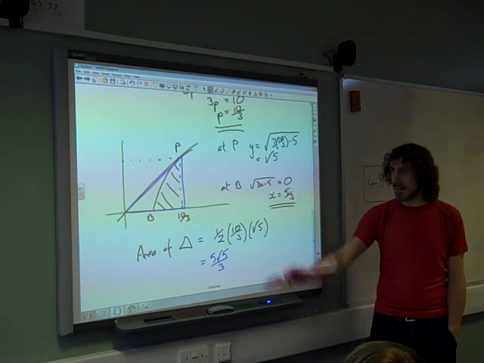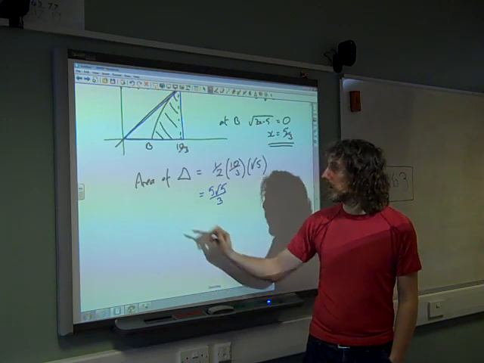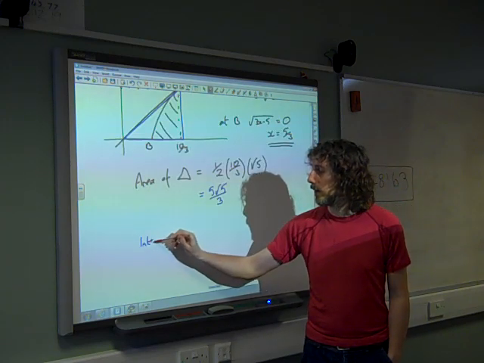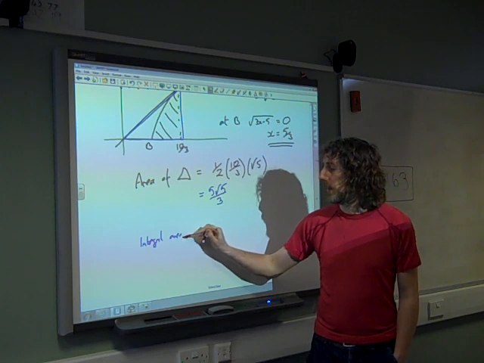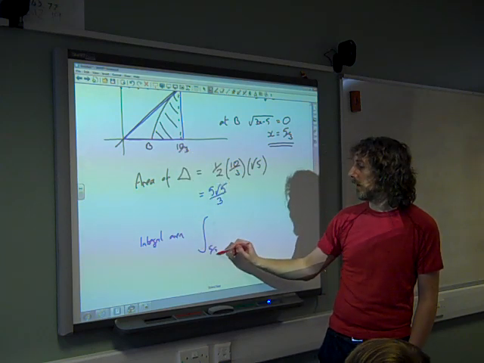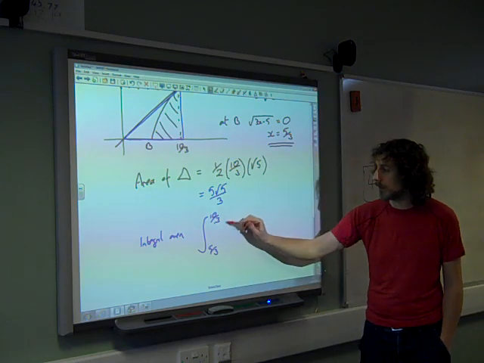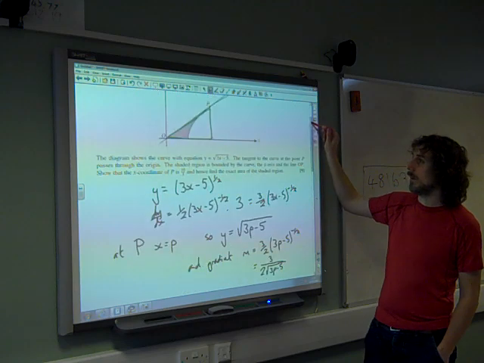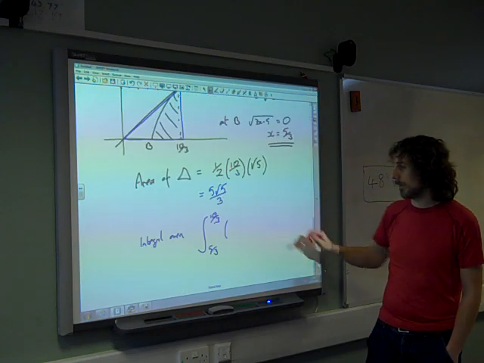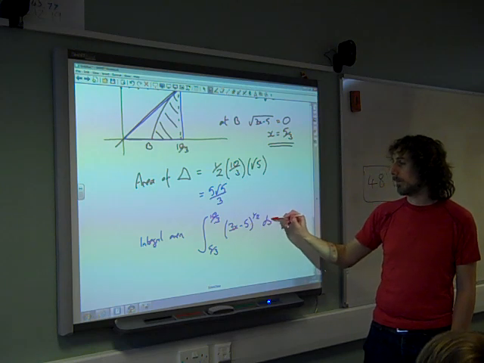And so the shaded area, the integral area, is the integral from b, which is 5 over 3, to 10 over 3, of my function, which was 3x minus 5, to the power of 1/2.